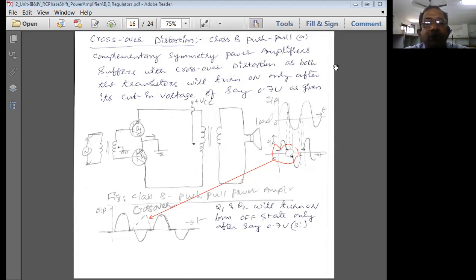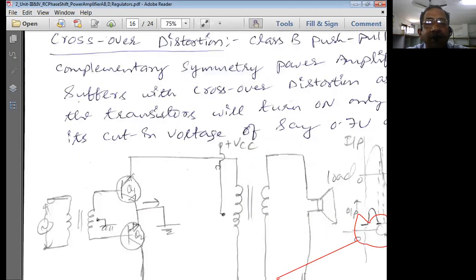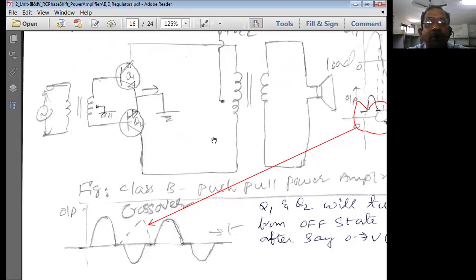Now this circuit diagram is basically for the class AB type of the power amplifier. What is the circuit diagram for the push-pull power amplifier? One transistor is going to push, and another transistor is going to pull the output. Therefore it is called a push-pull type of power amplifier.